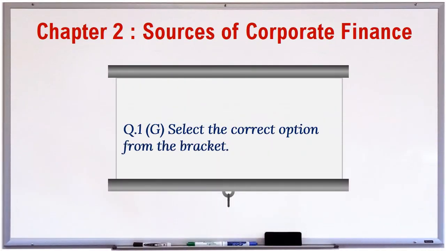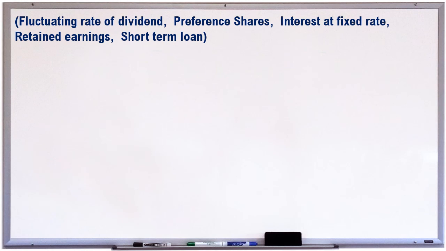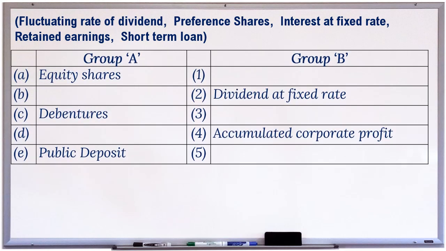Question 1. G. Select the correct option from the bracket. Fluctuating rate of dividend, preference shares, interest at fixed rate, retained earnings, short-term loan. A. Equity shares. The correct option is fluctuating rate of dividend. B. Dividend at fixed rate.